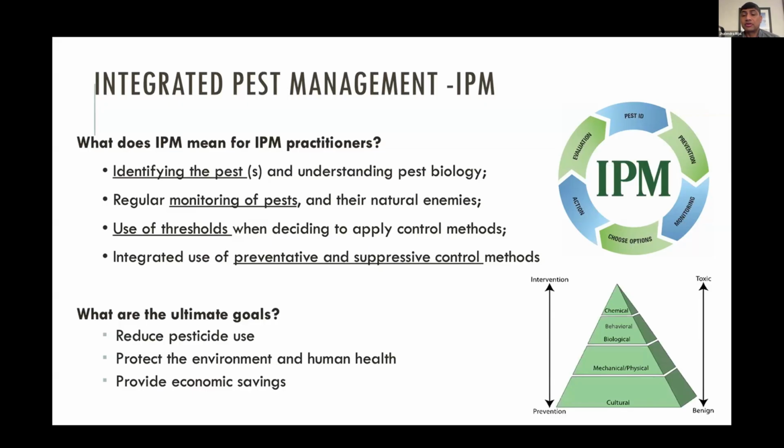When you talk about multiple control methods, this is a pyramid. You want to use as much as you can of cultural practices or variety selection that has less susceptibility to insects, pests and disease. You want to use mechanical and physical control as much as possible, based on your skill and production system, and other biological control tools, and ultimately, as a last resort, use the chemical insecticide.